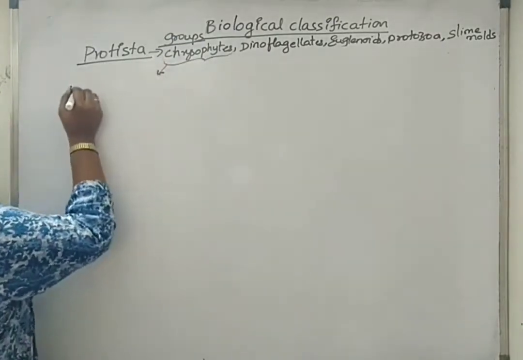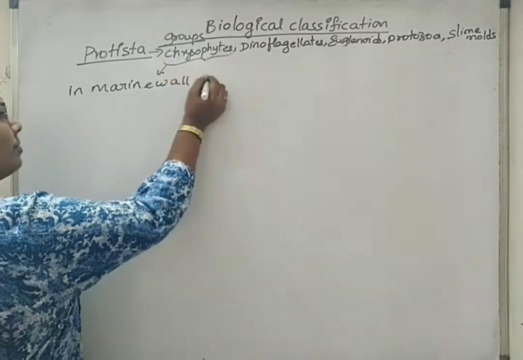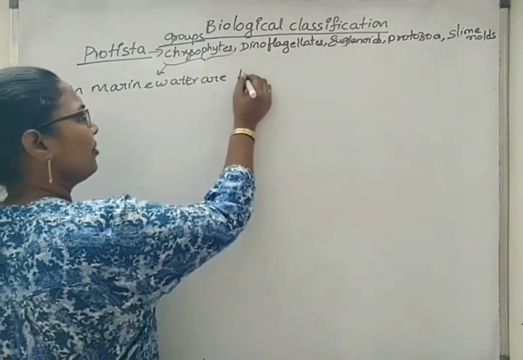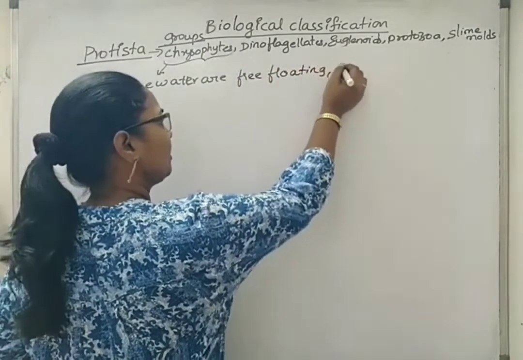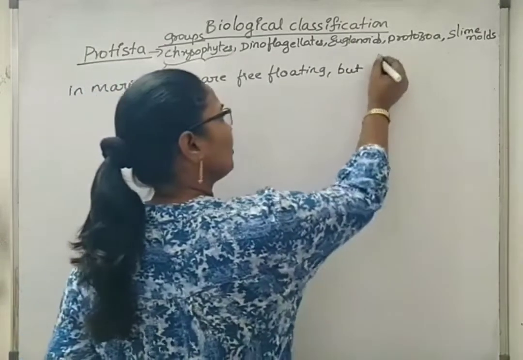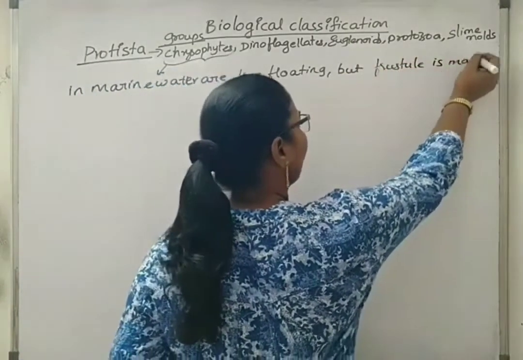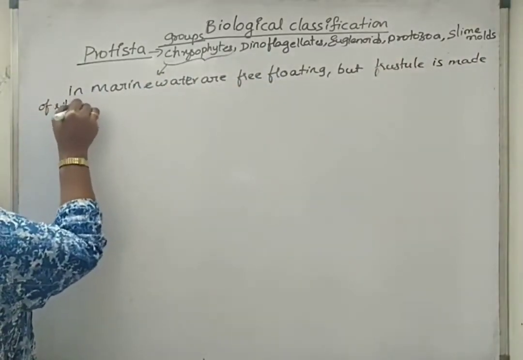Chrysophytes in marine water are free floating, but the frustule means their body is made of silica.